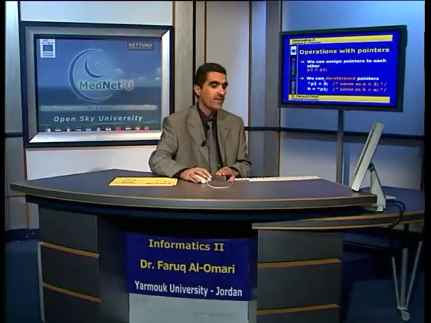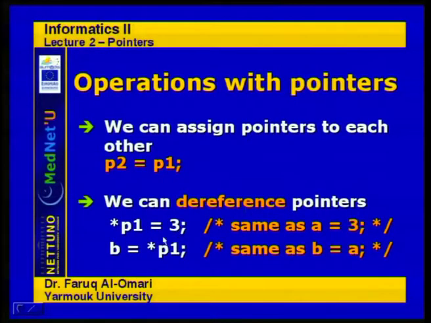Or we can dereference pointers. I can say asterisk P1 equals 3. This is a new thing too. When I say asterisk P1, that means the data pointed to by P1 is 3. So that means go to this location in the memory and place 3 in there.